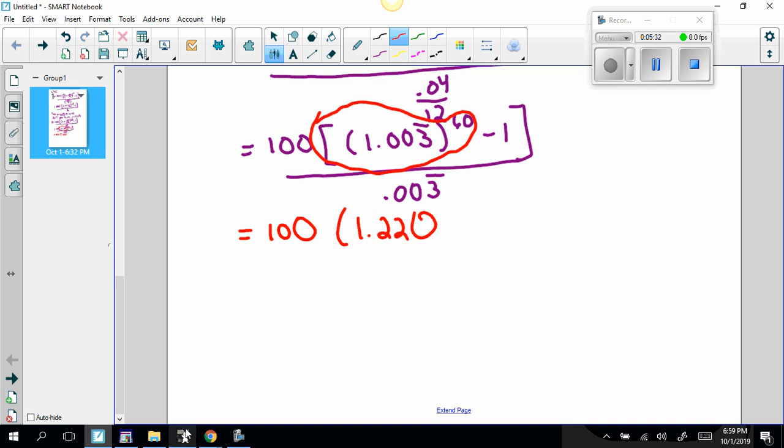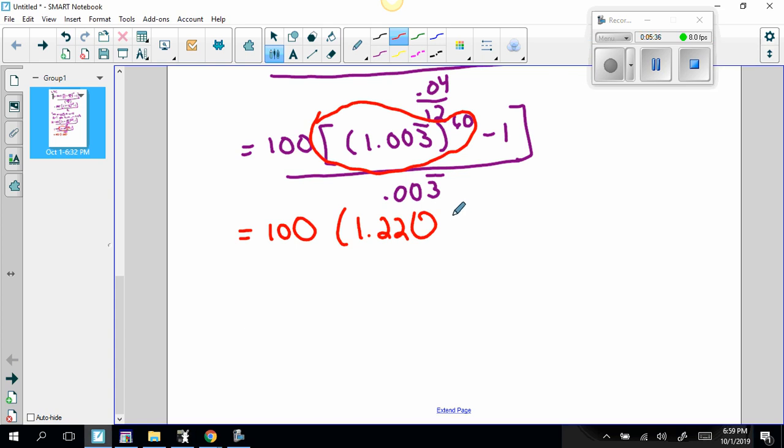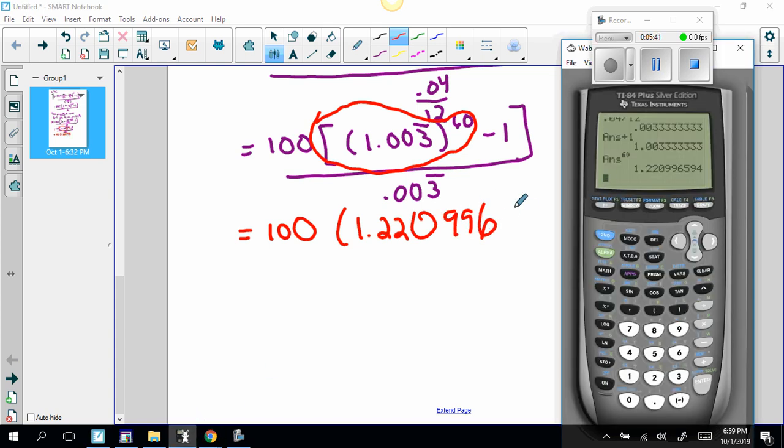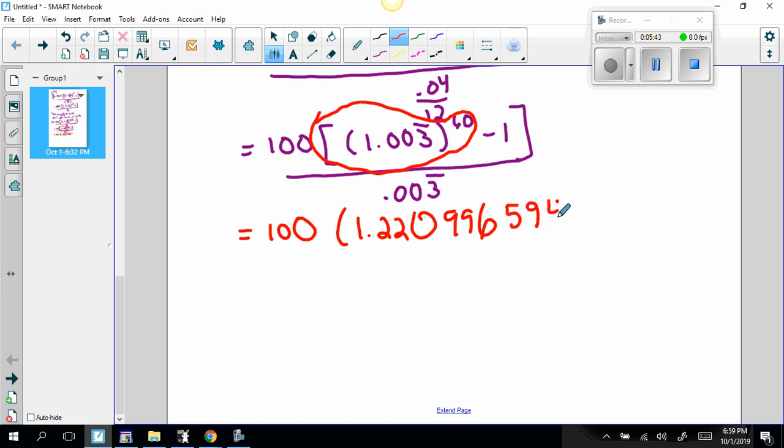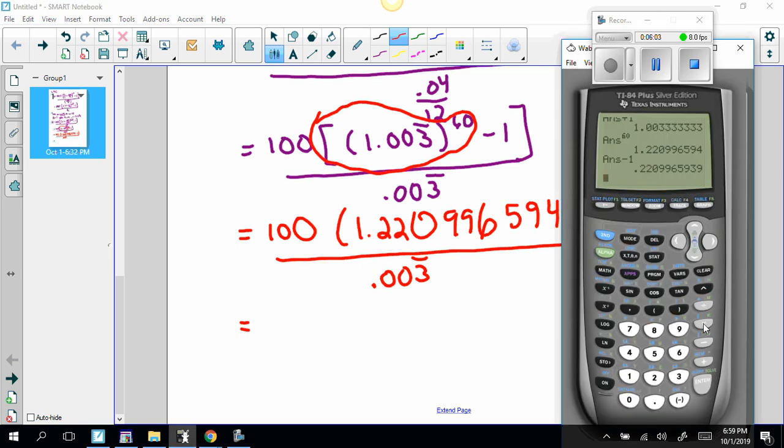It's 1.2209966594. So you need to carry all the decimals. Oopsie, minus 1, divided by 0.003 repeating. So then I'm going to subtract 1 and multiply by 100.